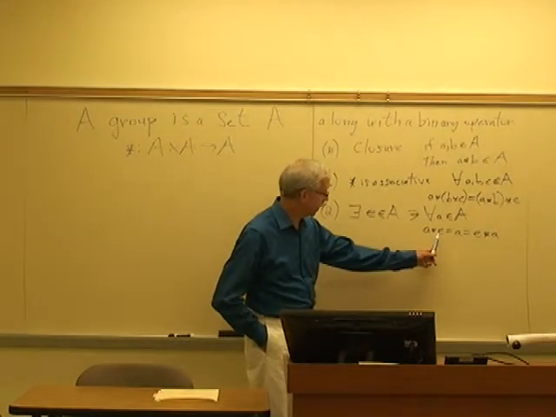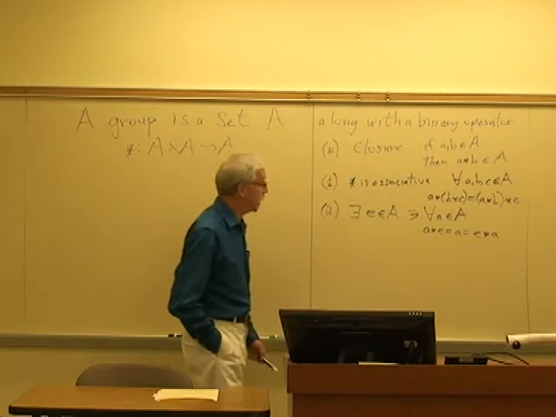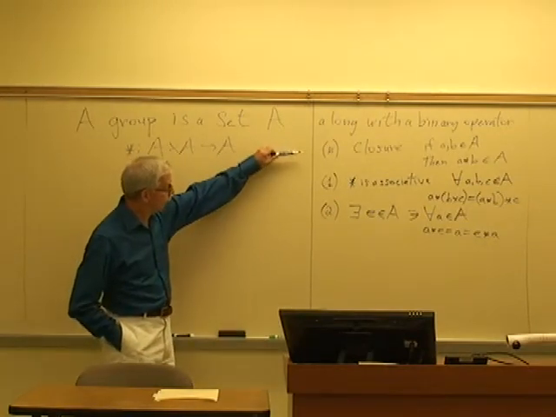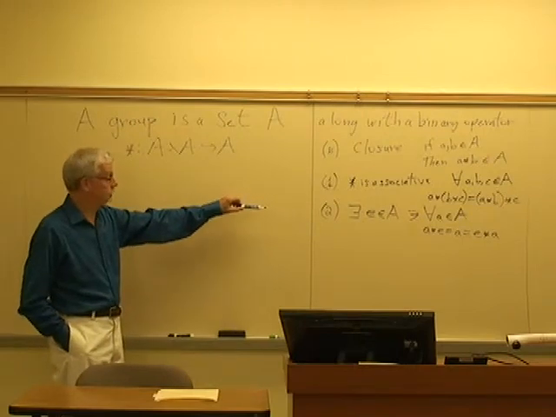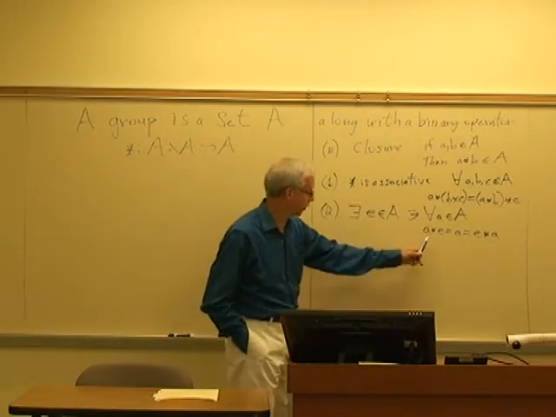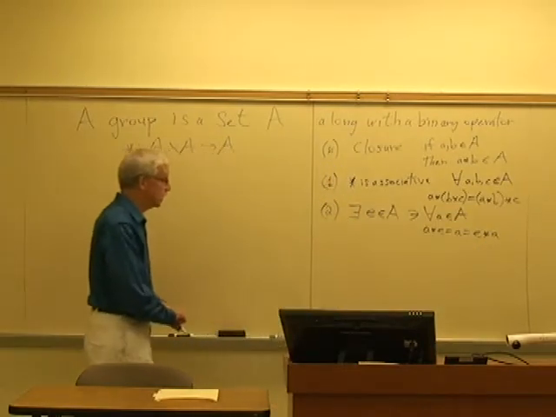A operated with E gives me A, and E operated with A must also give me A. Notice I didn't require commutativity with this operator, and I'm not going to. So this is a special case. That's why I have to state that the identity works on both sides.